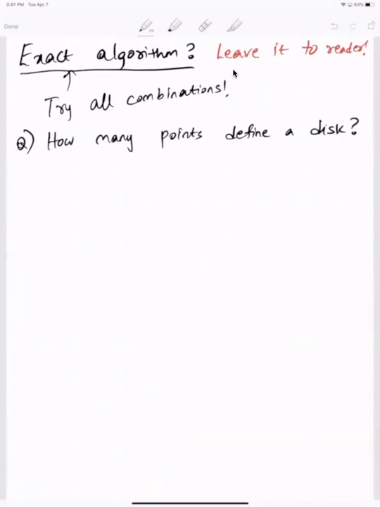In any case, you can always solve the problem in n to the power 4 time. Can you do better? I'll leave that as an exercise.